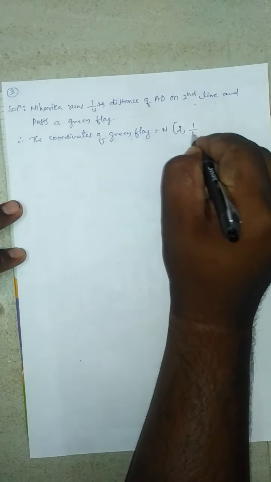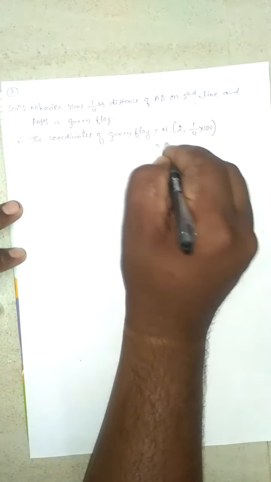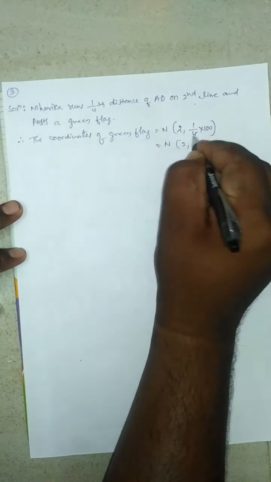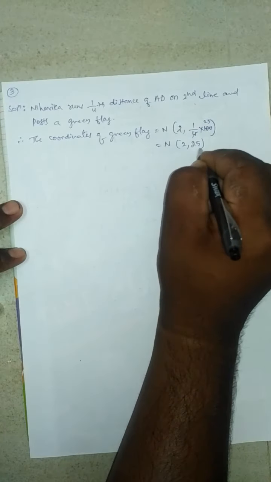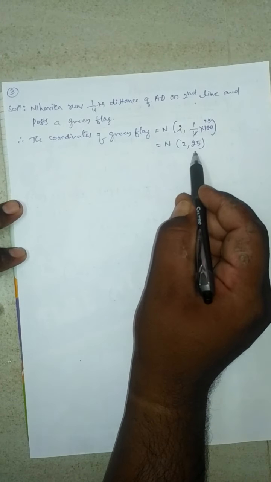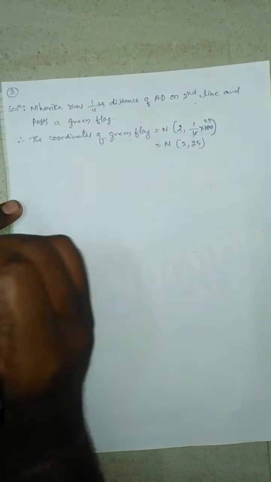In that she covered only 1/4. So here 1/4 into 100 is y-axis coordinate. So this is equal to N of 2, 4 1s are 4, 25 are, that is 2, 25. This is the coordinate of a point where Niharika is going to post a green flag.